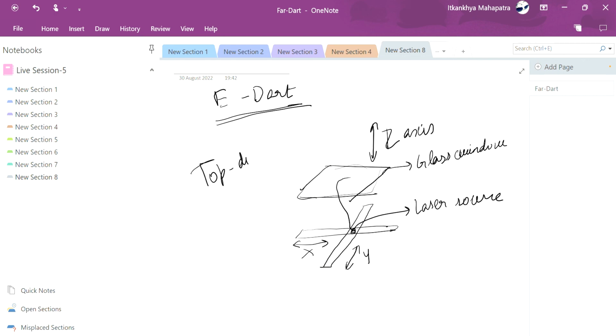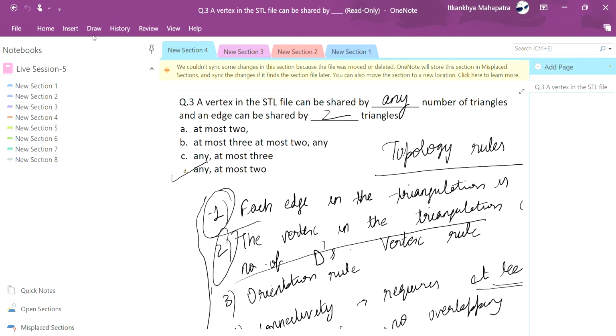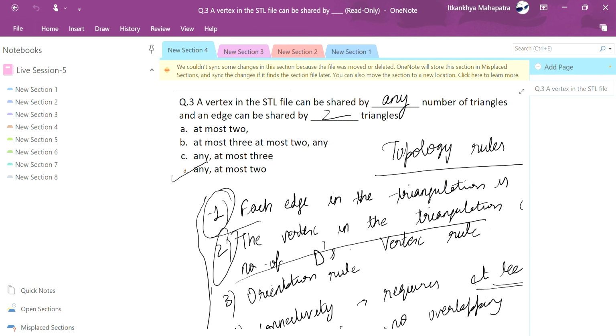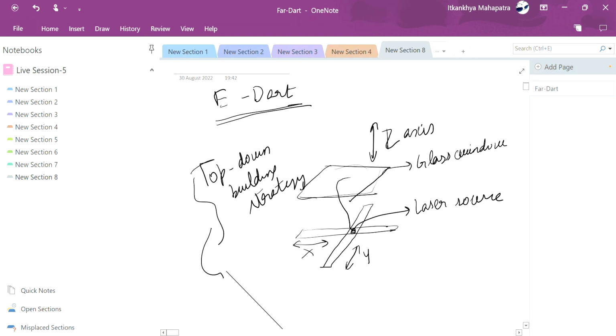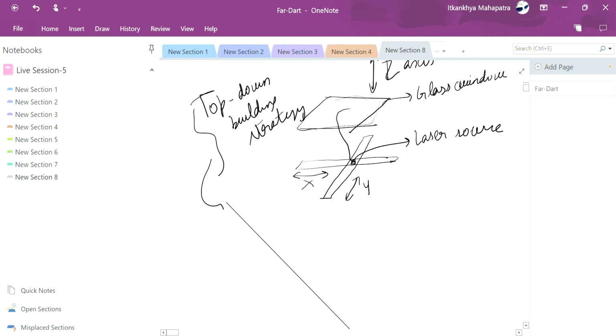This is a top down build strategy, as you must be seeing. The advantage is beam correction is not required.